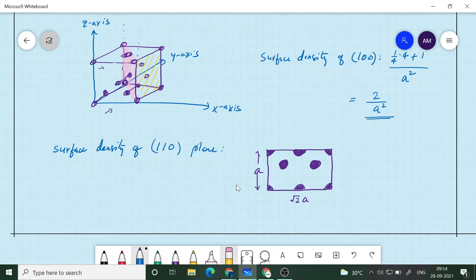If you draw it properly, it will be something like this. So these two will be on the plane, whereas the one which comes from this corner will not be on the plane, because if you move a by 2, a by 2, a by 2, then it would come, but here it is not on the plane.